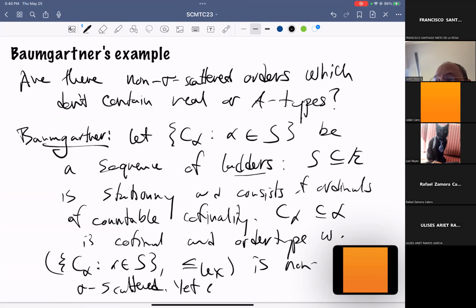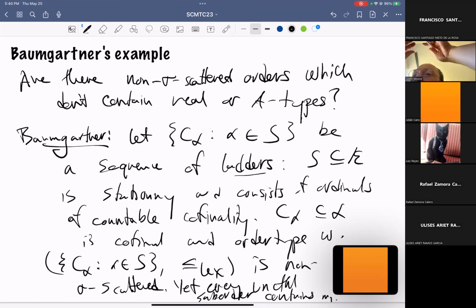Yet every uncountable suborder contains omega 1. Right. So in particular, it's not Ehrenstein, it's not a real type. And it also has a feature that this example is inherently non-minimal, because you can always take the stationary set and split it into two stationary subsets.